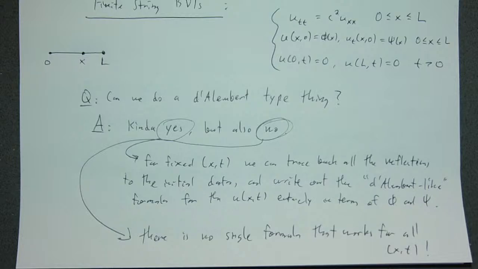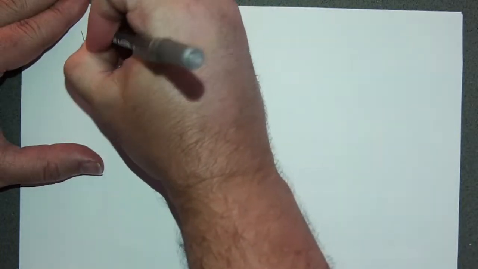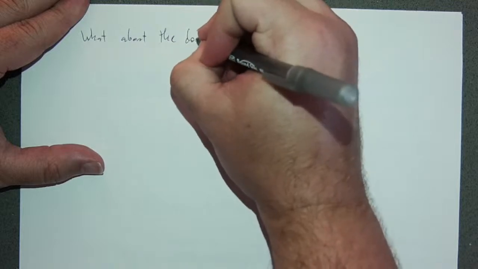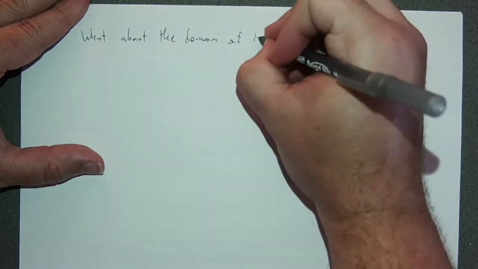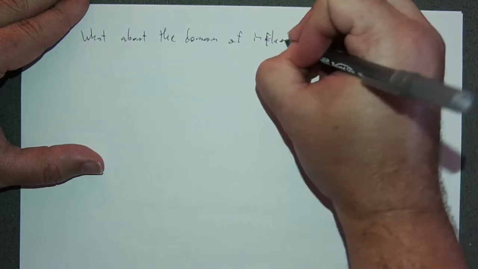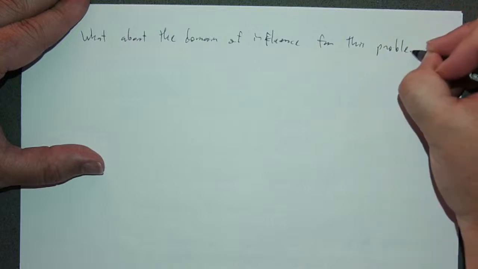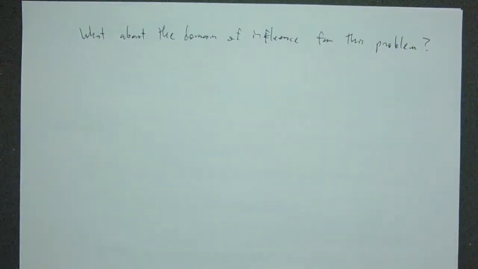Okay, so now what I'm going to do is look at how this works in terms of the domain of influence. So what about the domain of influence for this problem? What is going to happen here?